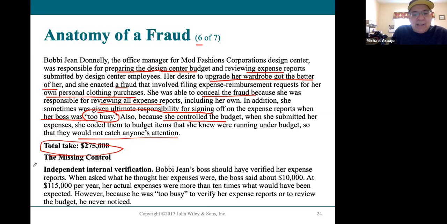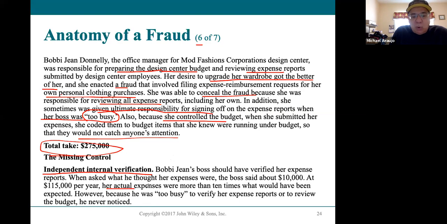So in this case, you could argue that there was no independent internal verification that allowed her to perpetuate this fraud. Okay. Just because your boss is too busy, and he never noticed, you have to have some type of independent internal verification.